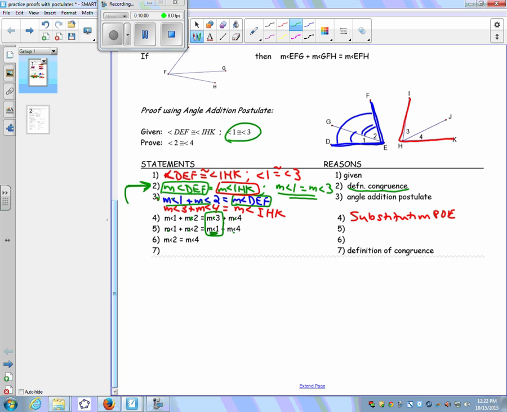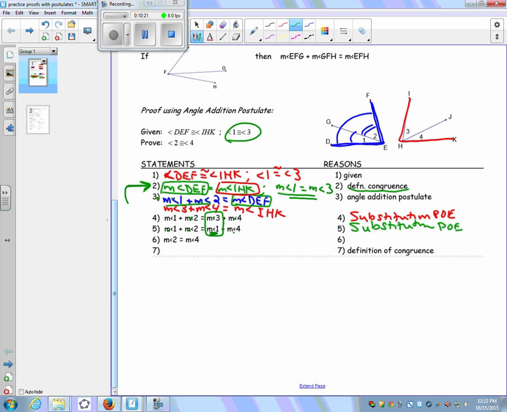But what is the reason? What did we do from here to here? Substitution. We just took out the measure of angle 3 and replaced it with the measure of angle 1. And we were able to do that because we established 1 and 3 equal before that.